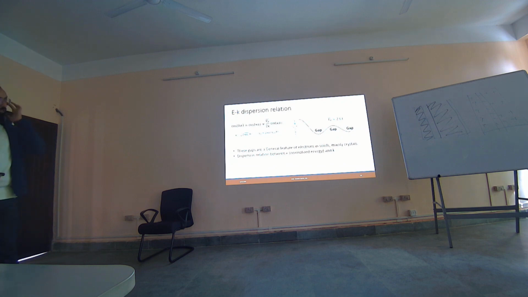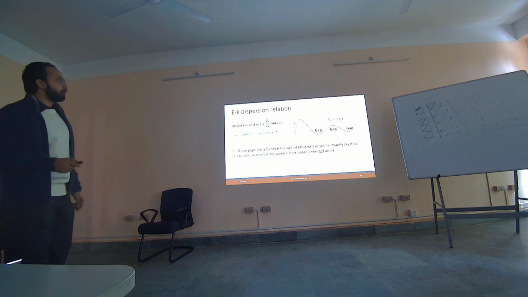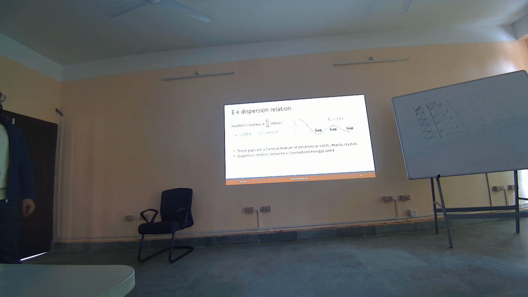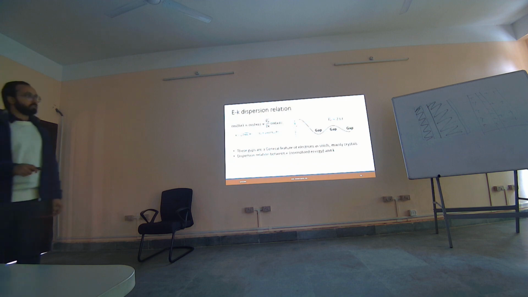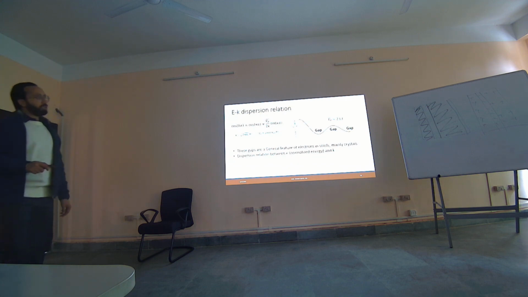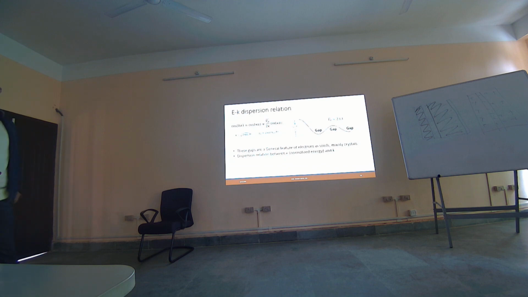Okay, and again, probably some of you already know about this: the E-k relation, where this is the energy and this is the k. From the E-k relation you will be able to find out where the energy gaps come.